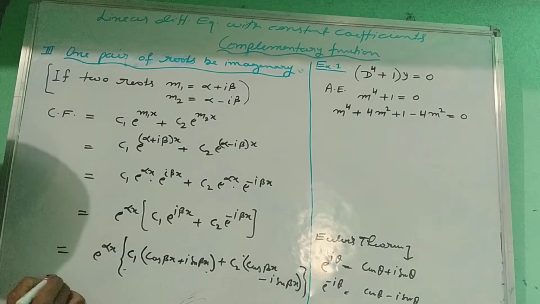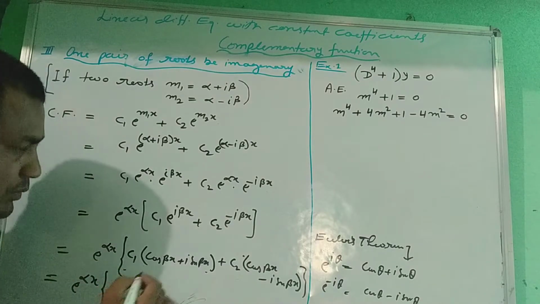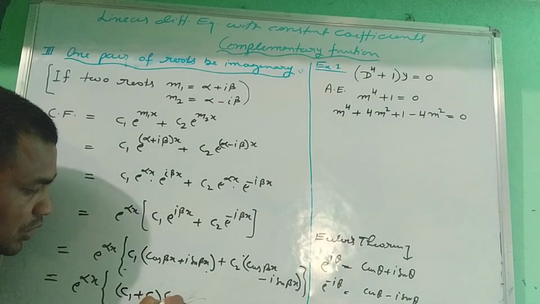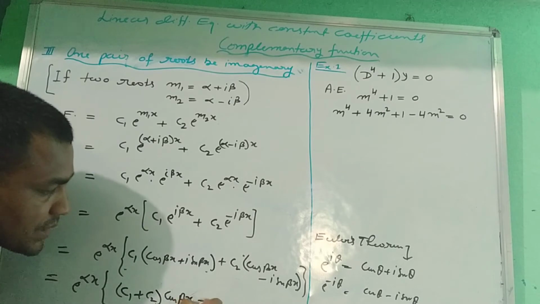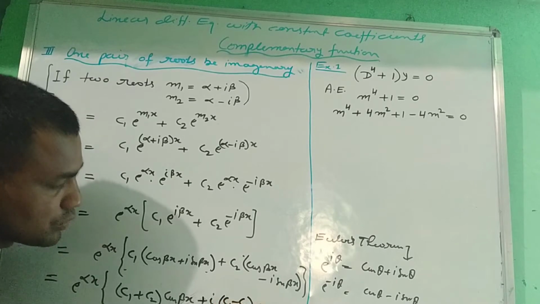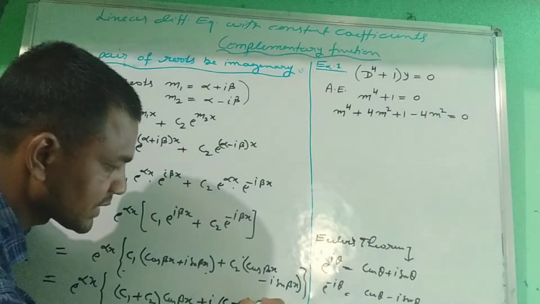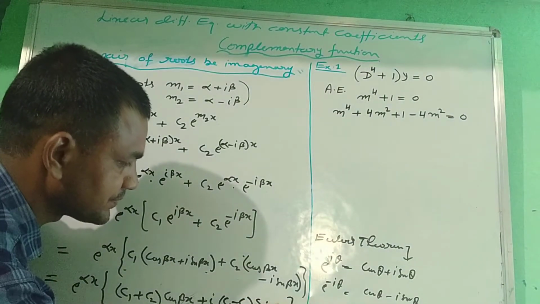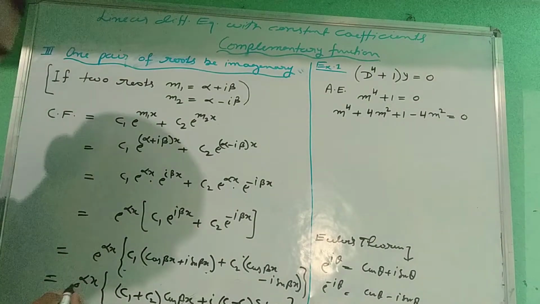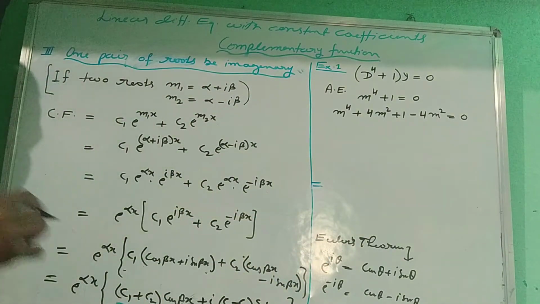Now after simplifying this equation, e to the power alpha x times the expression becomes c1 plus c2 cos beta x plus iota c1 minus c2 sine beta x. Now c1 and c2 are arbitrary constants, so in their place we can put other constants. Suppose c1 plus c2 equals C and iota times c1 minus c2 equals C dash.